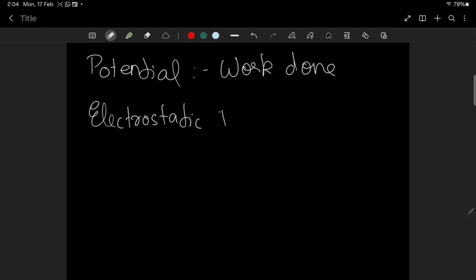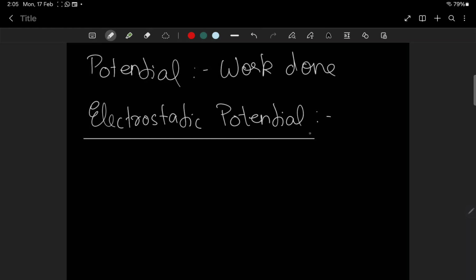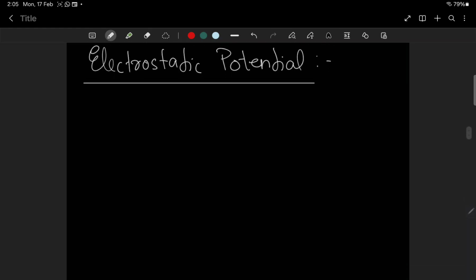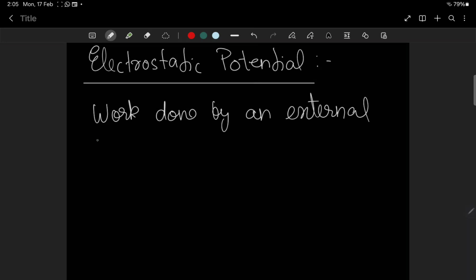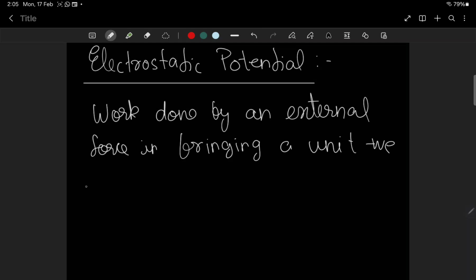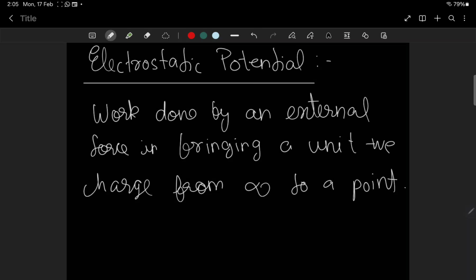Electrostatic potential is defined as the work done by an external force in bringing a unit positive charge from infinity to a point. It is the definition of electrostatic potential.